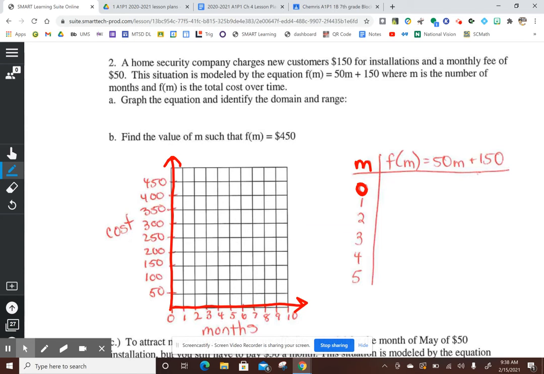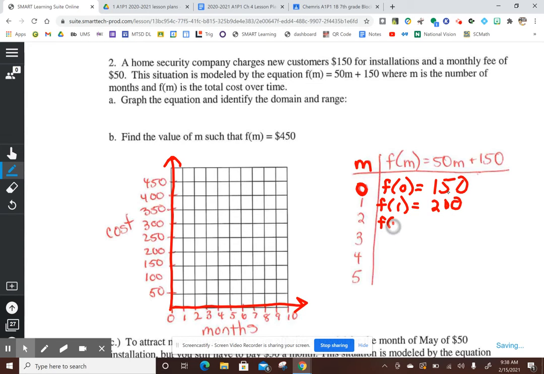So when I do f of 0, that's 50 times 0, which is 0, plus 150, so it's 150. Then I do f of 1, which means I plug in a 1 for M. 50 times 1 is 50, plus 150 is 200.